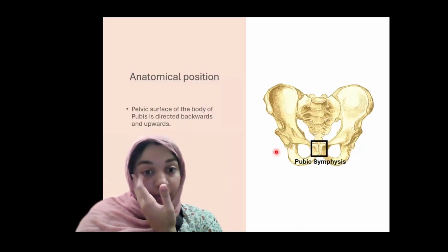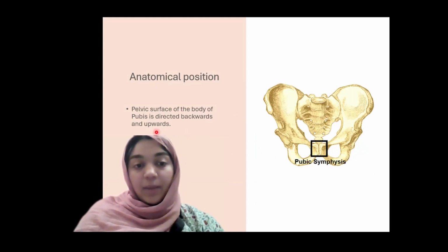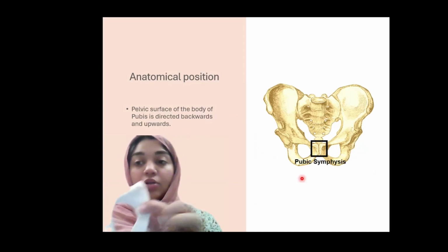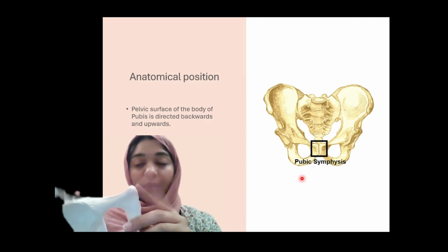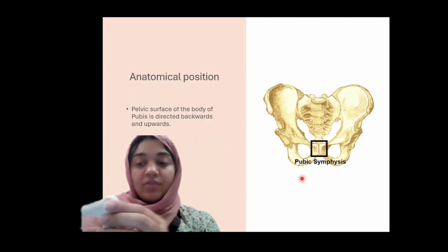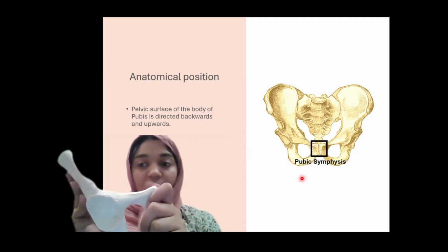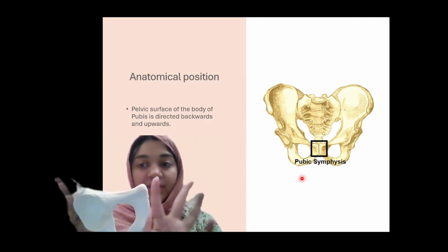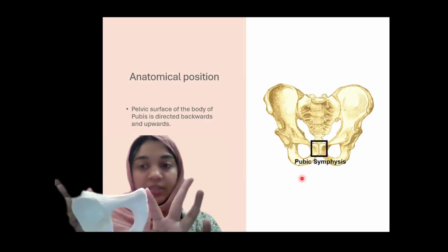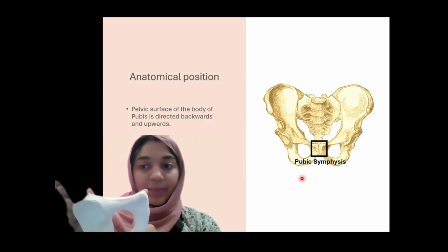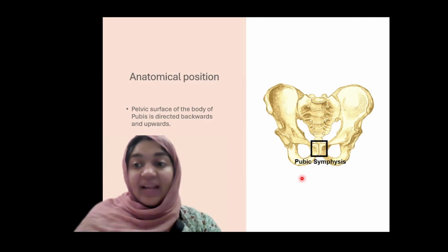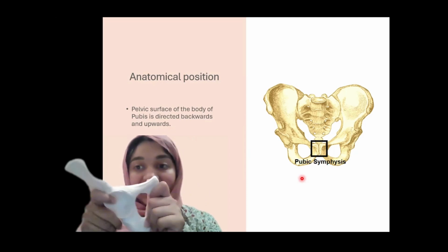The pelvic surface of the body of pubis is directed backwards and upwards. So if I talk about the pubis and the body of pubis and the pelvic surface, can you see that the pelvic surface of the pubis is going to be at the back, right? So if I say this is the pubis and this is the pelvic surface, the one at the back, because it's forming the pelvic area behind it.